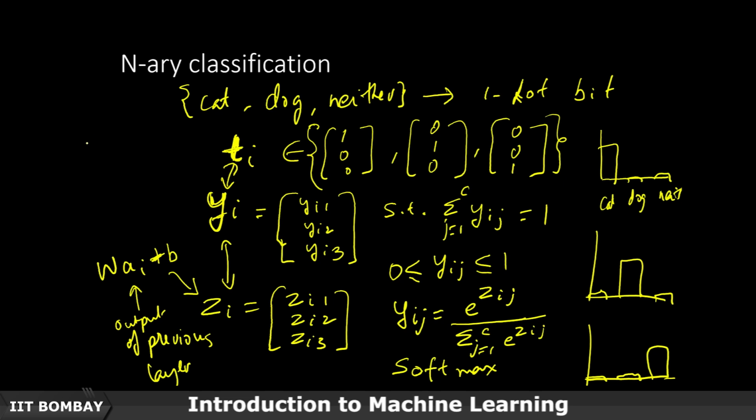We have a negative sign, then a sum over j of tij times log of yij. This is pretty much it. This is our loss, and if we want it over all the training points, then we also have a sum over i with a negative sign.